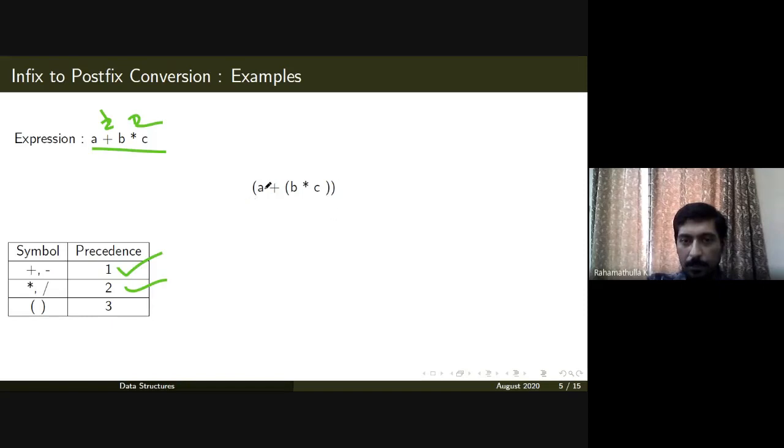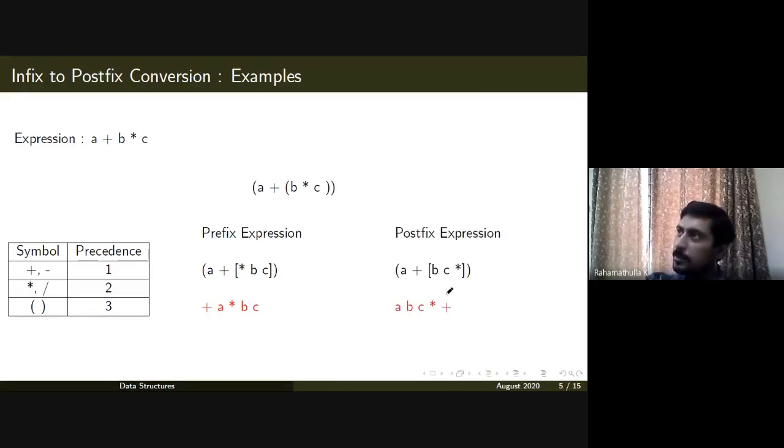Then another bracket means the next operation will be A plus the result of B star C. In the postfix form, it is like this: B, C, and star. To represent that this part has been converted, I have converted this round bracket to square brackets. The part written in square brackets is already in postfix form. So BC star. This is done.